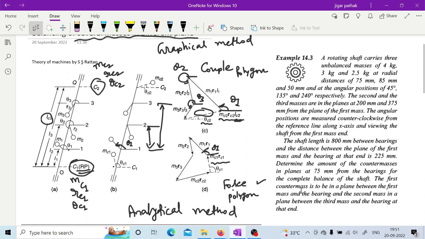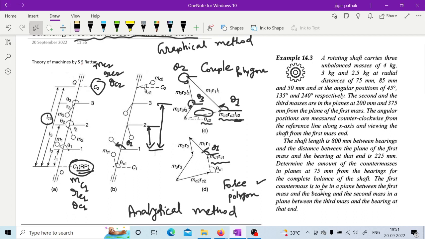Now the first counter mass is to be in a plane between the first mass and the bearing, and the second mass in a plane between the third mass and the bearing at that end.